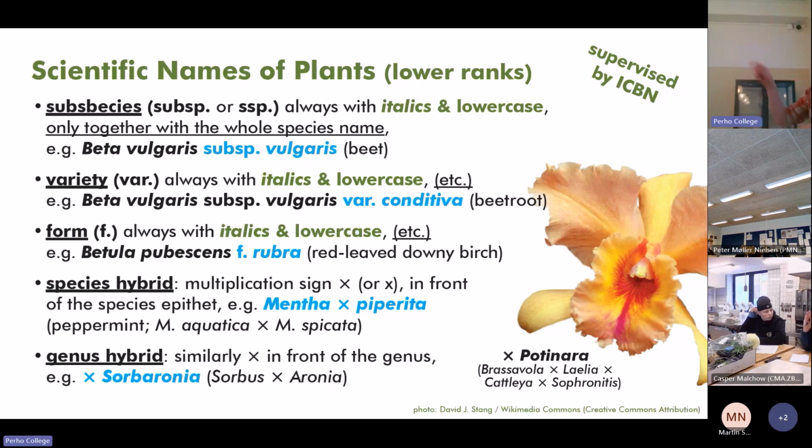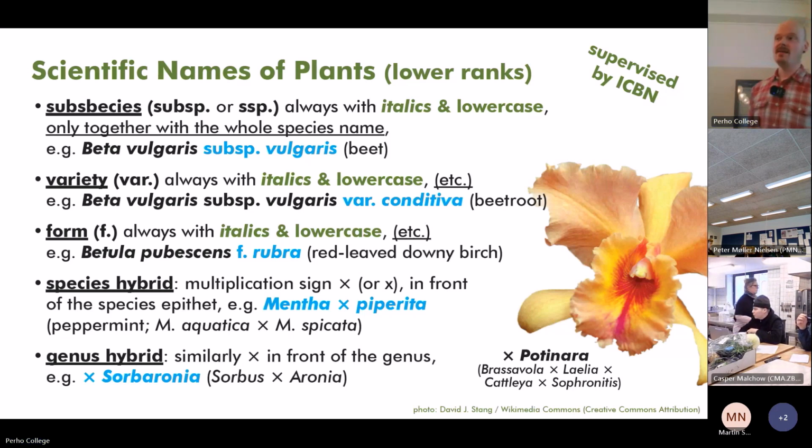And the word subspecies is not in italics because it's not the name. It just tells you that it's a subspecies. Then an even smaller rank is variety, which is abbreviated var. It's also always with italics and lowercase and together with all these other things, like Beta vulgaris subsp. vulgaris var. conditiva.